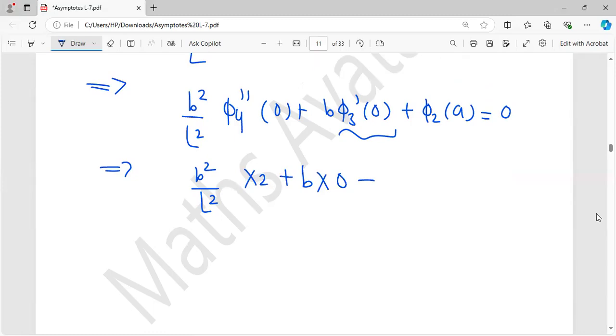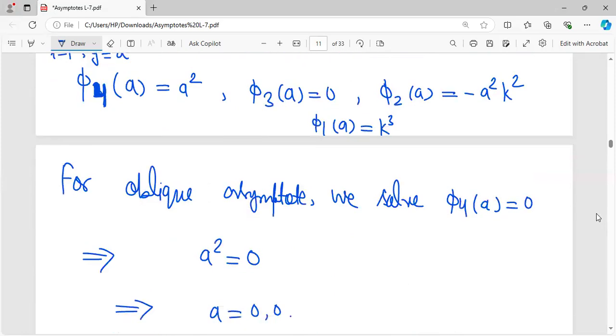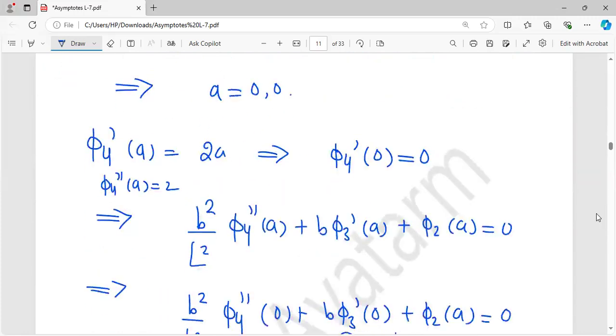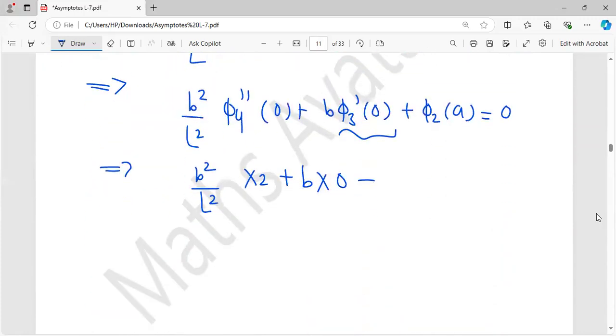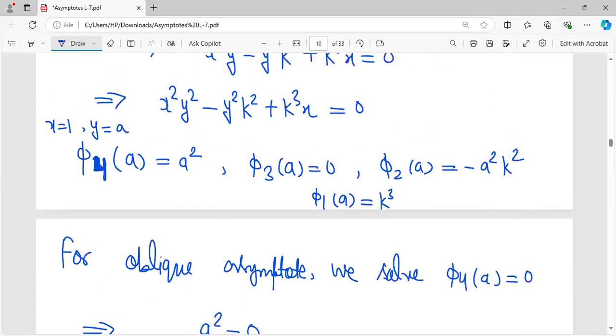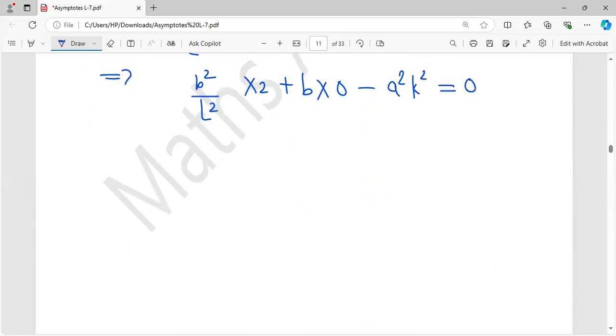And what is phi 2 of a? Phi 2 of a is nothing but minus a square k square.